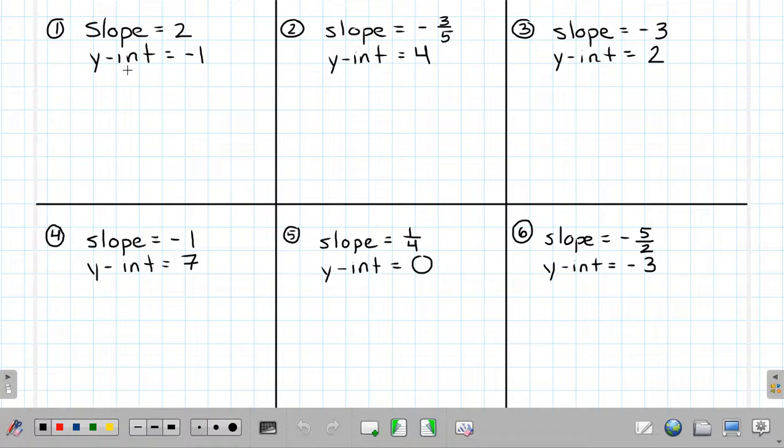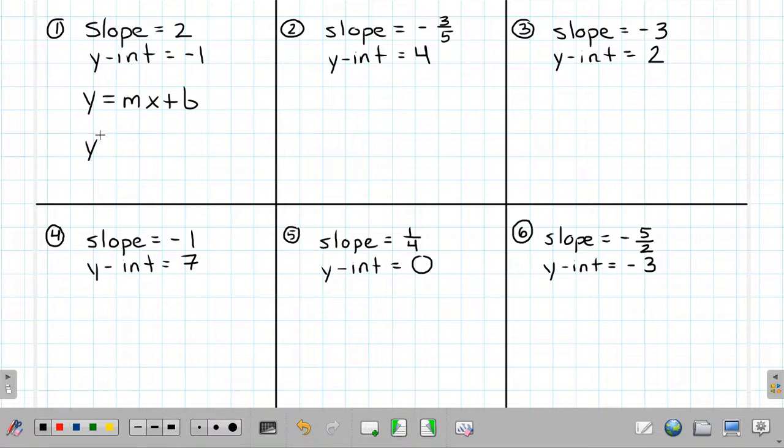Meaning, if we look at number 1, you've got a line where you know that the slope of the line is 2 and its y-intercept is -1. So what we're going to do is take y equals mx plus b, where once again x and y are just an ordered pair, and the m and the b, well, that's what we're going to plug in.